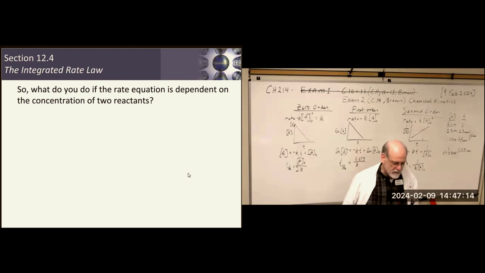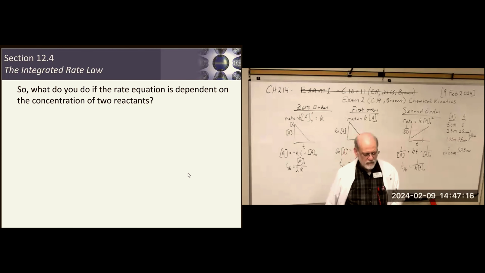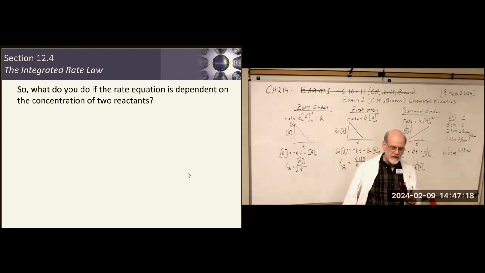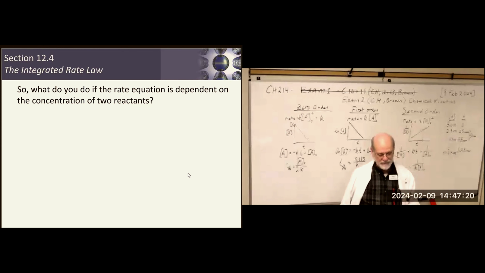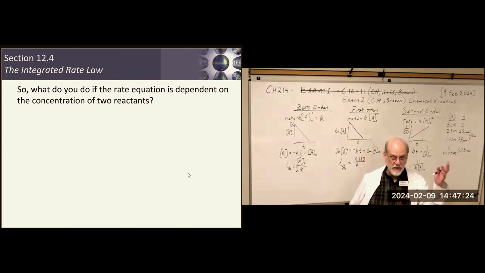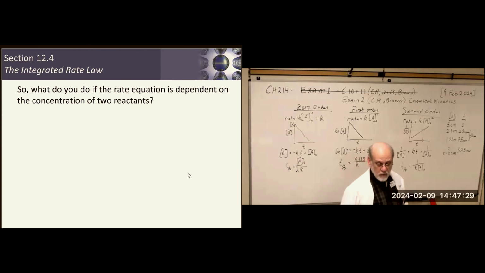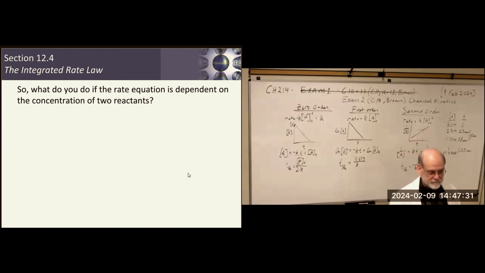So what do you do if the reaction rate depends on the concentration of two reactants? Because we've only talked about one reactant changing into something else. Well, you do what we're going to do next week.